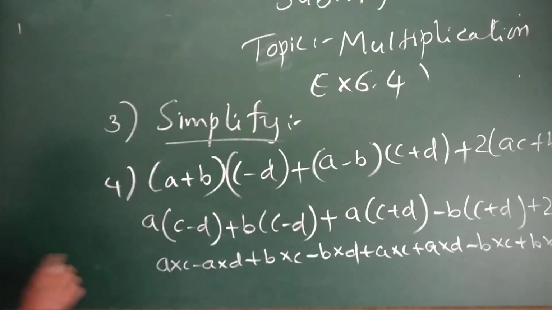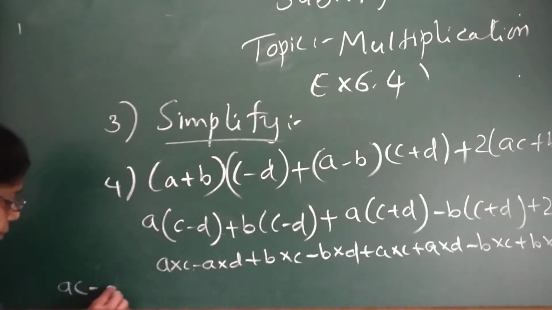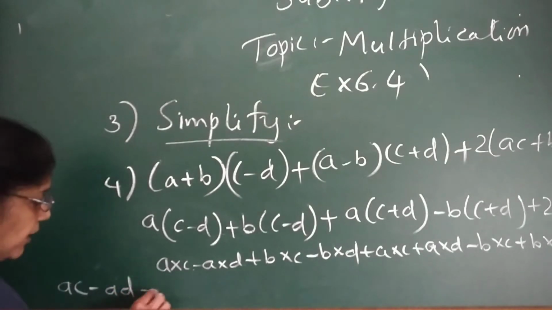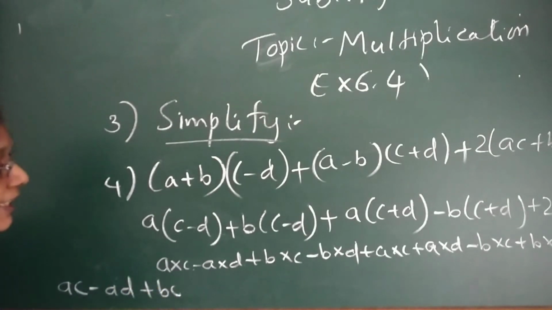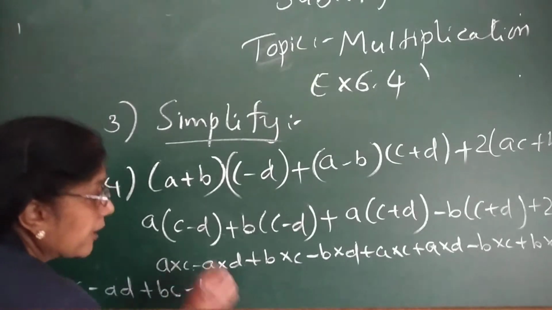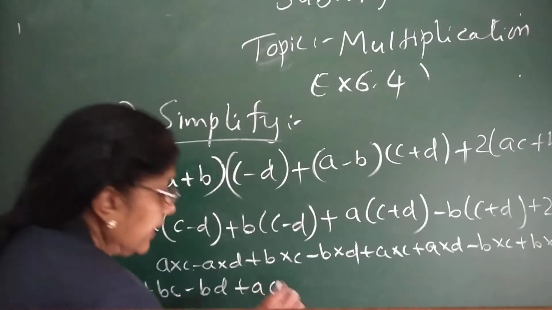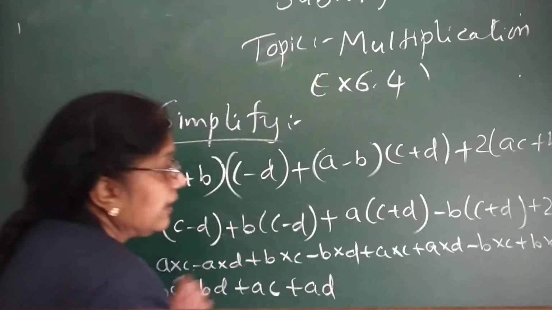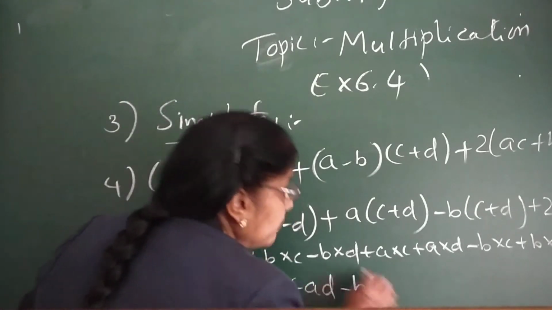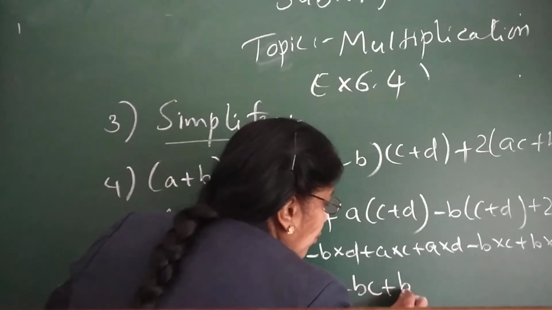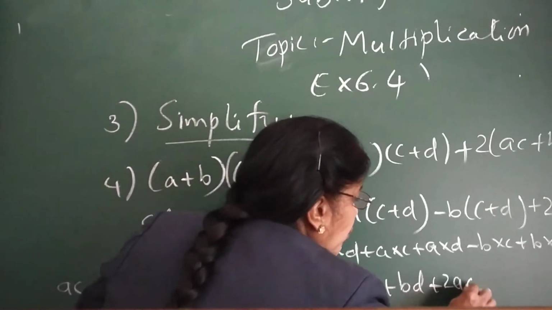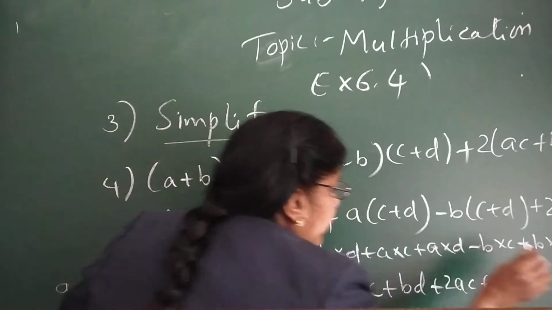Now, A into C is AC. A into D is AD. B into C is BC. B into D is BD. Again A into C is AC, A into D is AD, B into C is BC, B into D is BD. Plus 2AC plus 2BD.